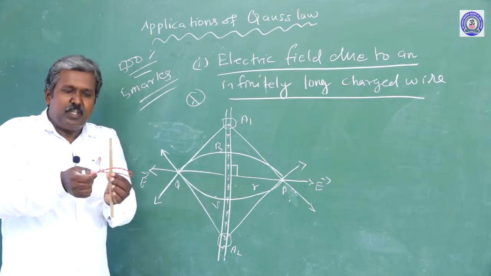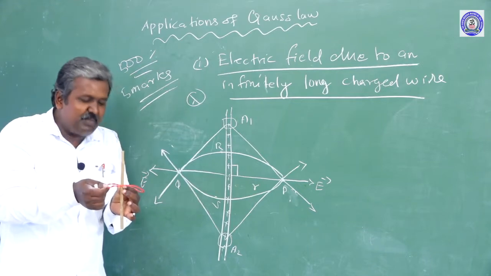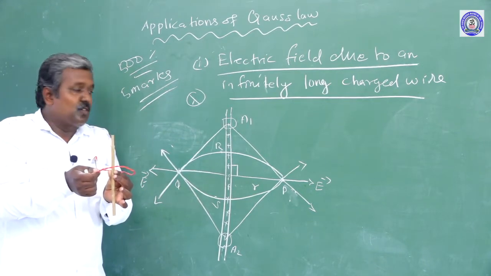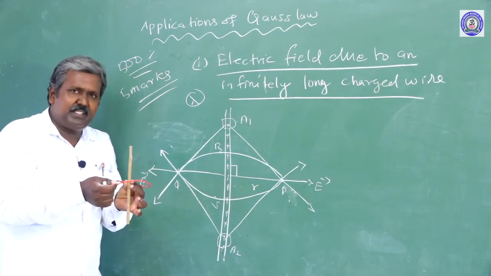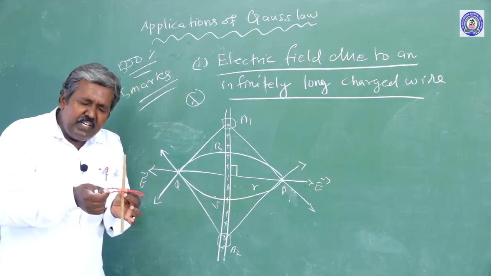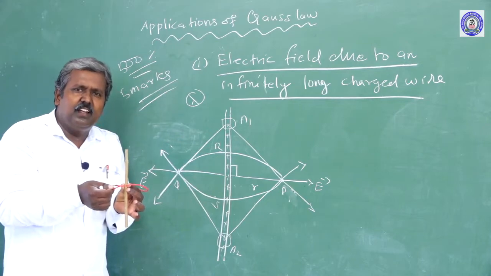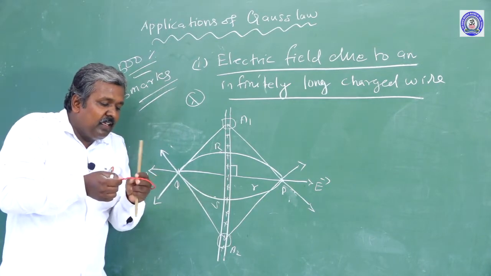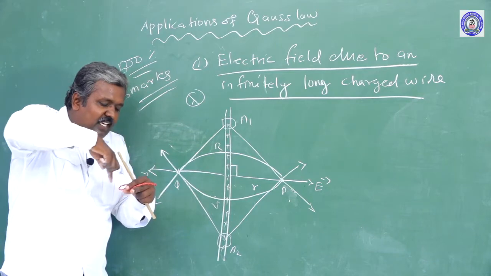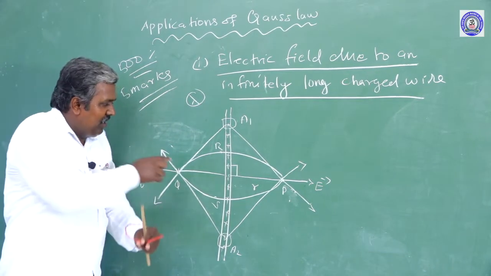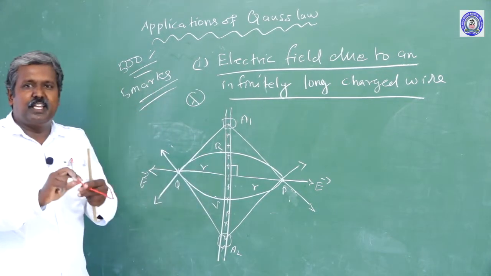Why? Because of the same distance, like this. So at all points P, Q, R, S, the magnitude of the electric field will be equal on all the points of the circle of radius r. That's all, like this.